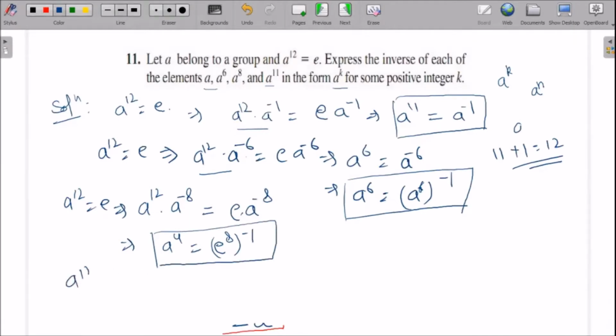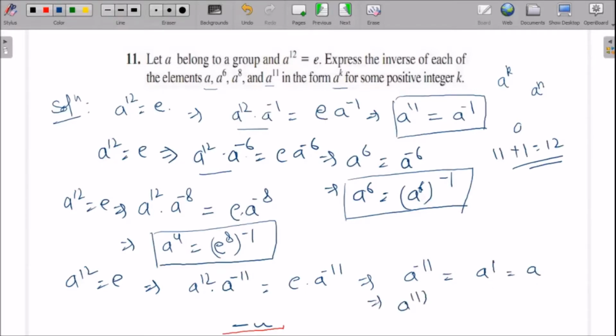Now a to the power 12 equals identity implies a to the power 12 into a to the power negative 11 equals a to the power negative 11. This implies that a to the power negative 11 equals a to the power 1, that is a. It means the inverse of a to the power 11 equals a.